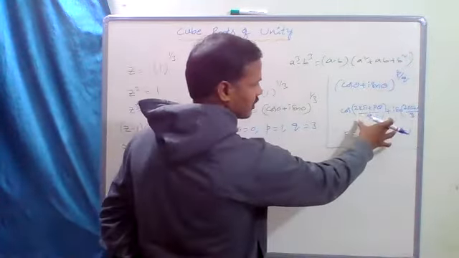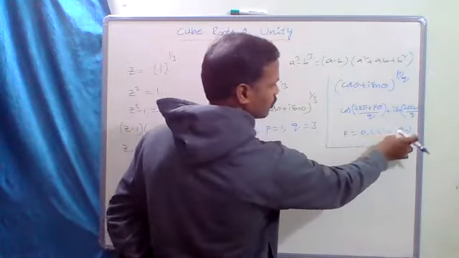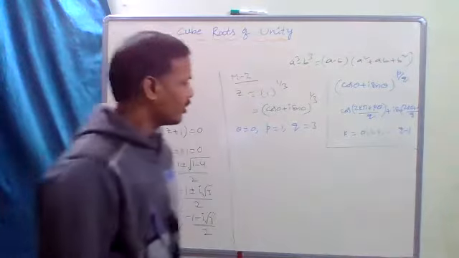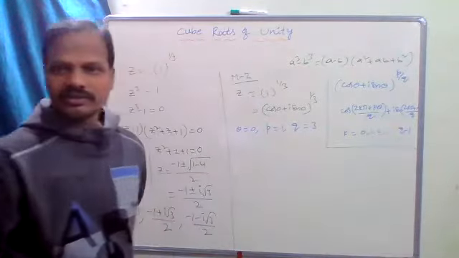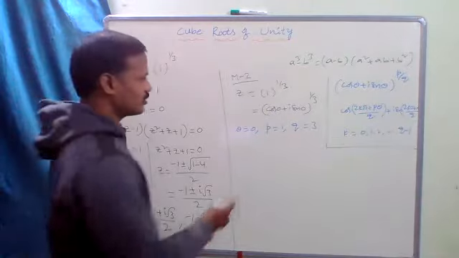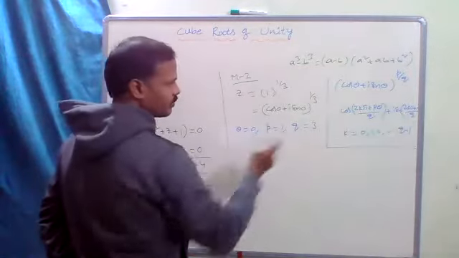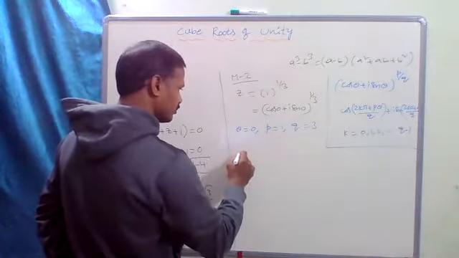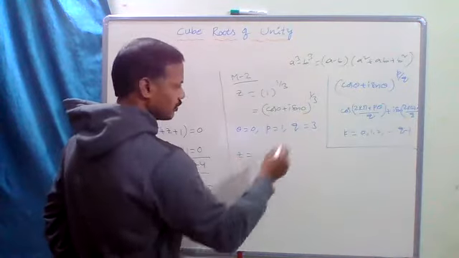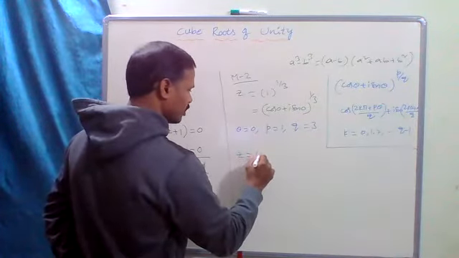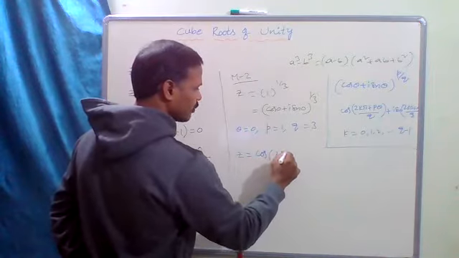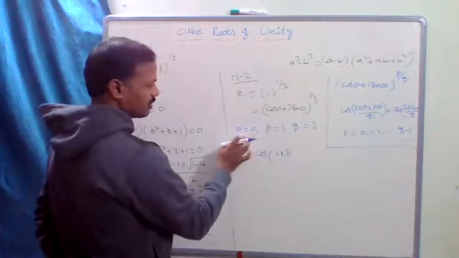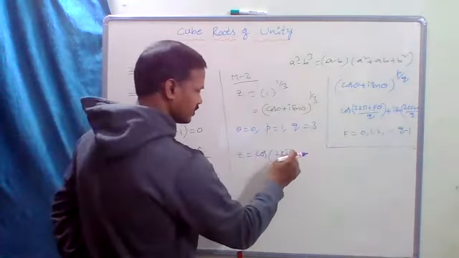So these are the roots where k equals 0, 1, 2 up to q minus 1. So q roots exist. Now here q equals 3, so 3 roots exist. Now by comparing this, z equals cos of (2k pi plus p theta) by 3 plus I sin of (2k pi plus p theta) by 3. P is 1, theta is 0, so that is plus 0.